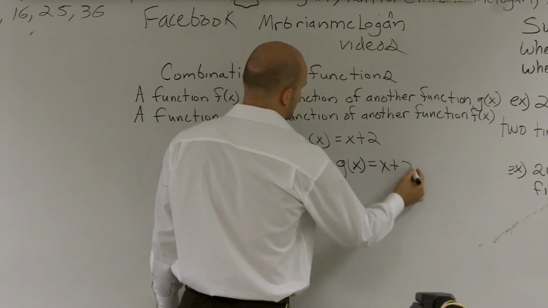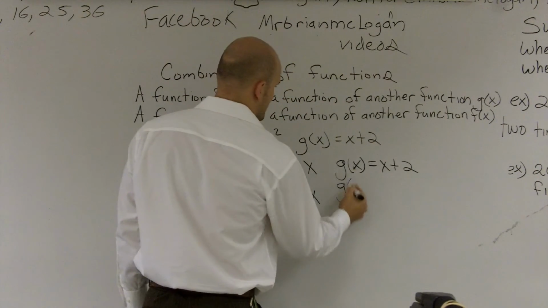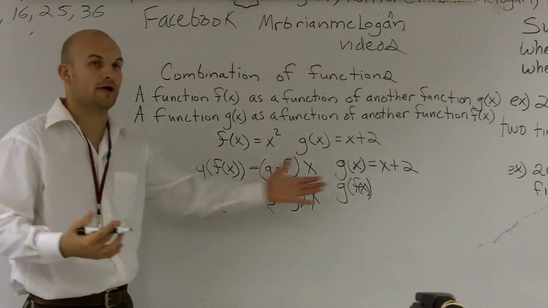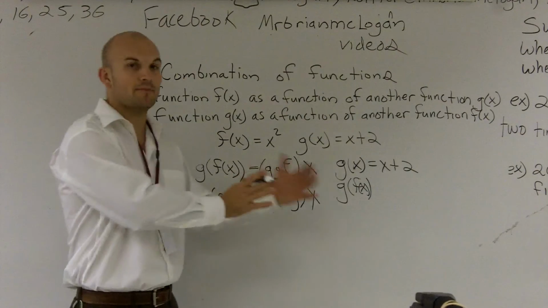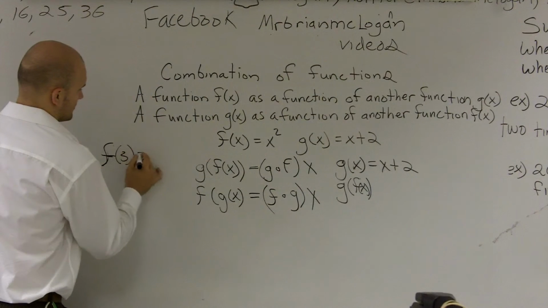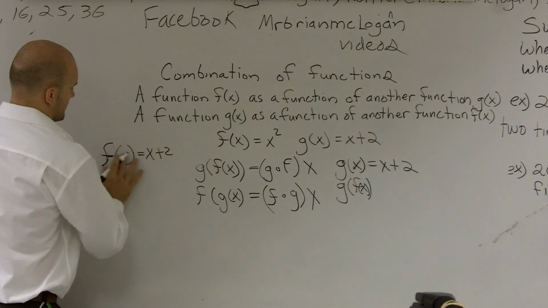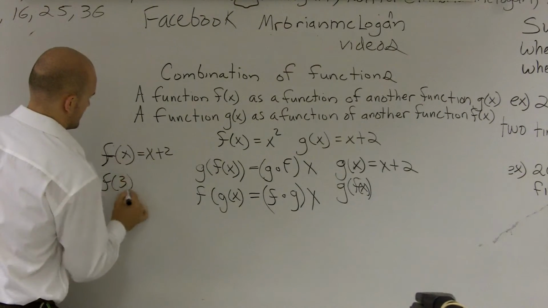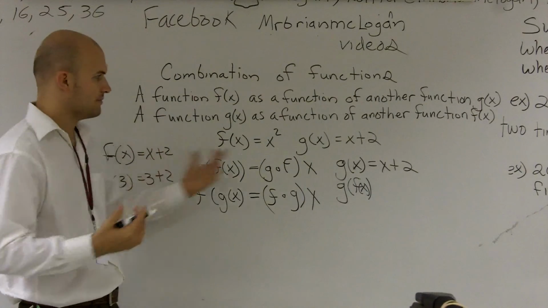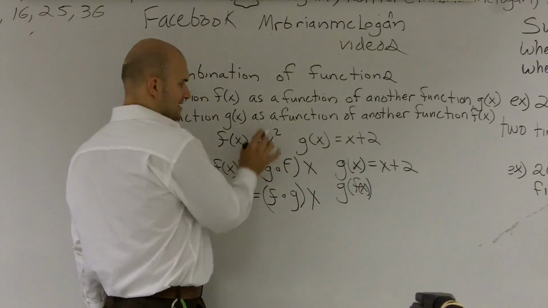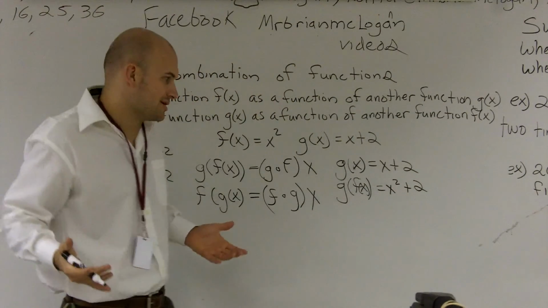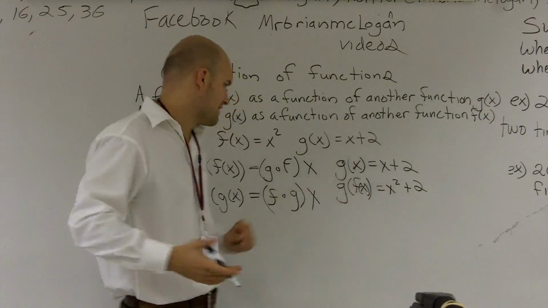Well, if I want to find g of f of x, just like when we evaluated functions at the beginning of the year, when we plugged in a number for that function, when I went to find f of 3, we plugged in 3 for your x, right? Well, now we're not plugging in 3, but what we're going to do is plug in our f of x. So f of x is x squared. Now, is there anything we can simplify here? No. So that is the final answer.